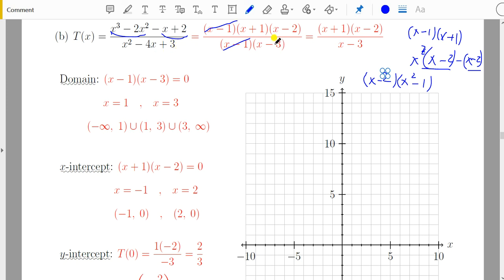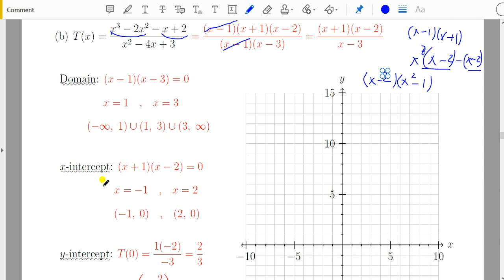So we set the denominator here to be 0, because x equal 1 makes this term 0. We take these two factors, even though we cancel out these two here, because it will still make the domain have a hole. So we set x minus 1 times x minus 3 to be 0, and then we solve for that, which is x equals 1 or x equals 3. So we exclude that from your domain.